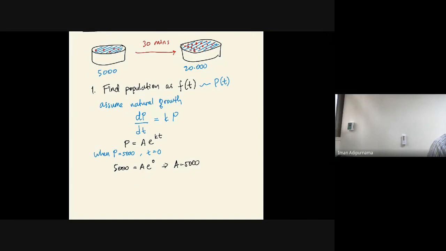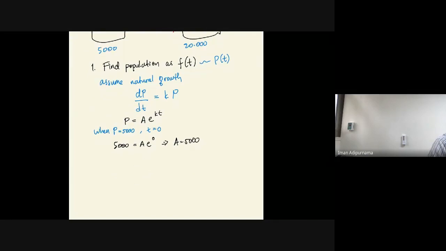So P is 5,000 e^(kt). What we need to find is k, to make the model correct for every time.